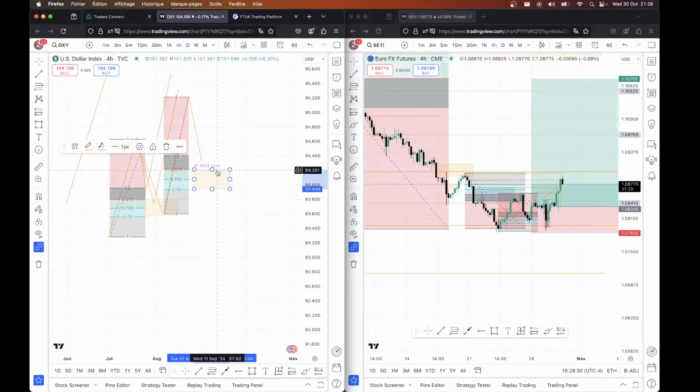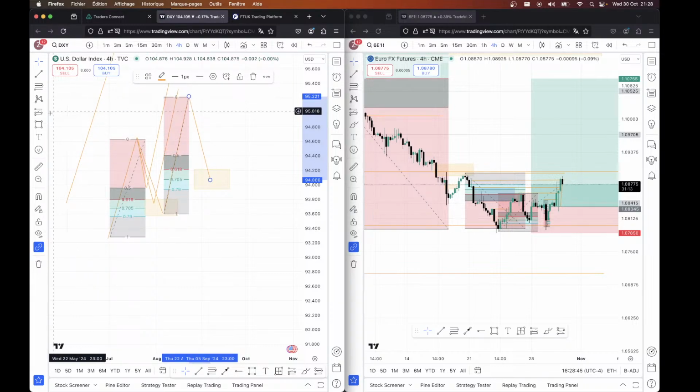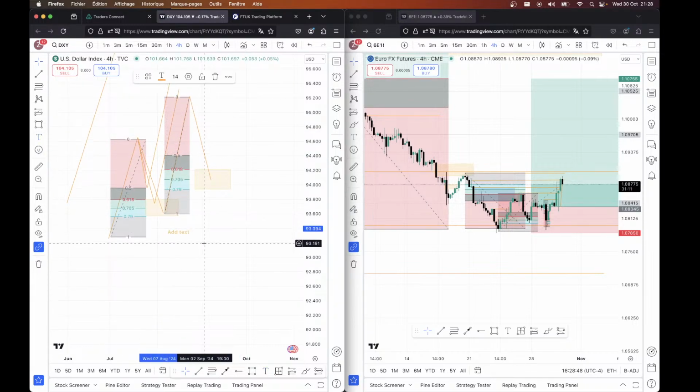If you're familiar with ICT, he says that's what we call the optimal trade entry. So I expect price to come here. As long as we are still in this zone, my long setup is not invalidated. With that, you have all my strategy.